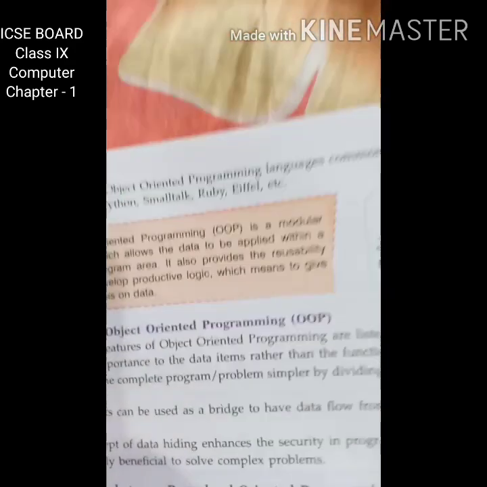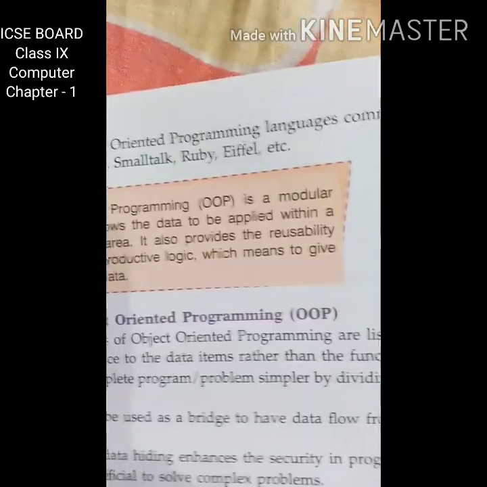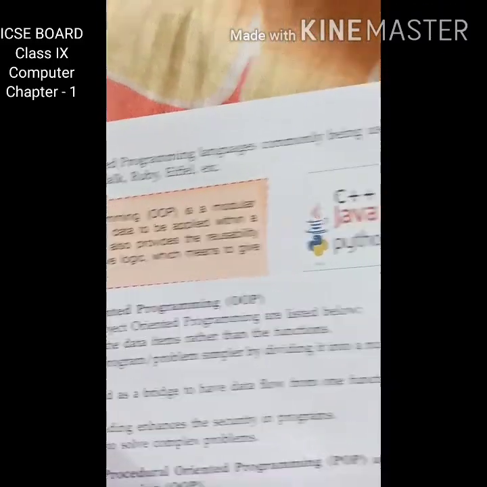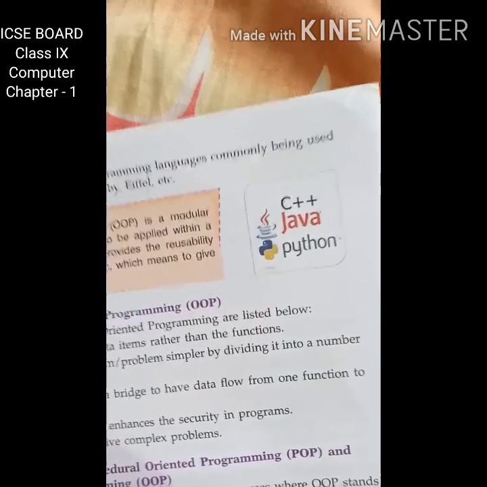Some of the features of object oriented programming: it gives importance to the data item rather than the function. We give importance to the data. It makes the complete program simpler by dividing it into a number of objects.